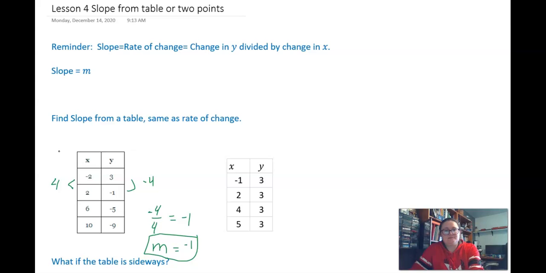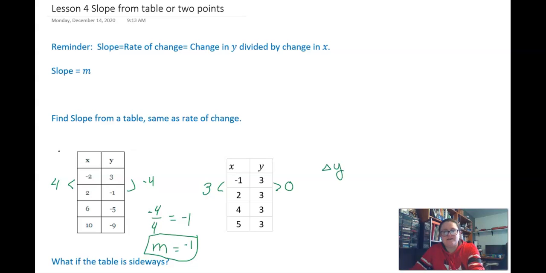Now, let's practice again, and I want you guys to do this one with me. So really quickly, just try to do this one, see what answer you get. So hit pause, do the problem, ready, go. Okay, now that you've done the problem, we're going to go over it. So subtract 2 minus negative 1 is going to be 3, and then 3 minus 3 is 0. And remember, we're doing y divided by x.